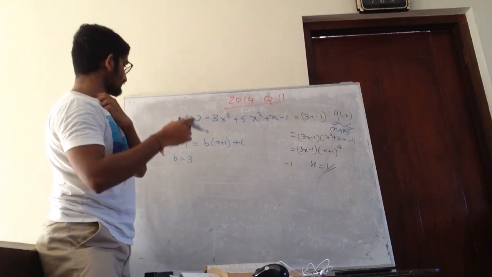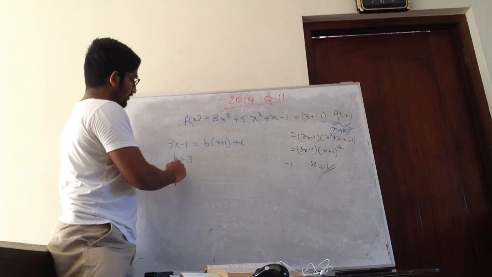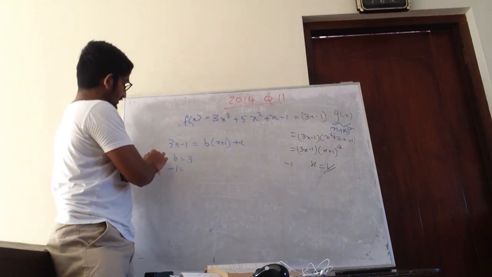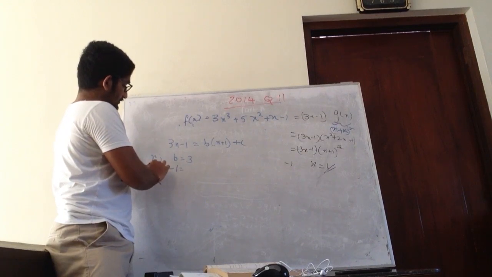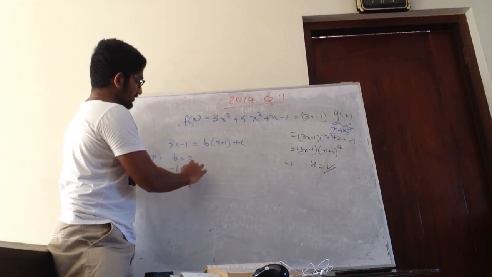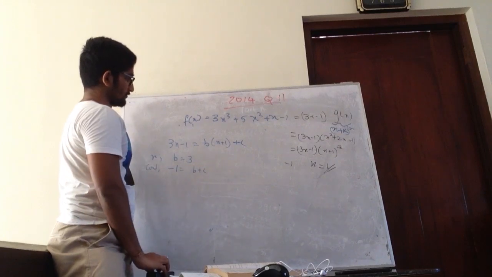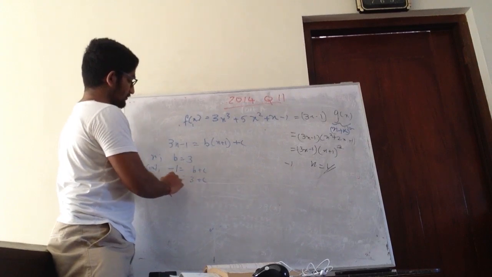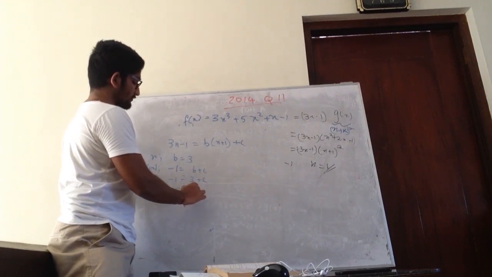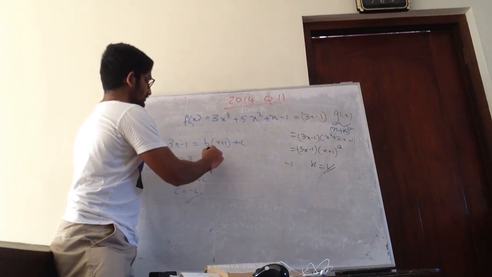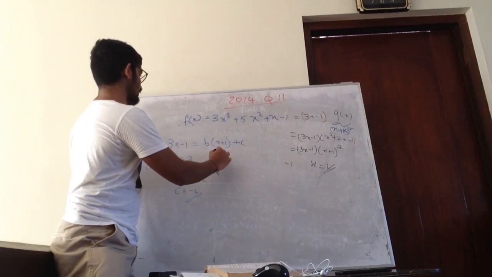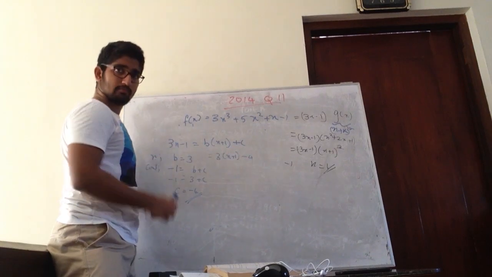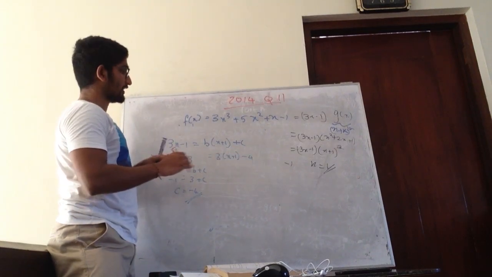And the constant is going to be minus 1, which is b plus c. So b is 3, plus c, minus 1. So c is going to be minus 4. This is basically 3 times x plus 1 minus 4. Right, so this is one of the things they are asking.